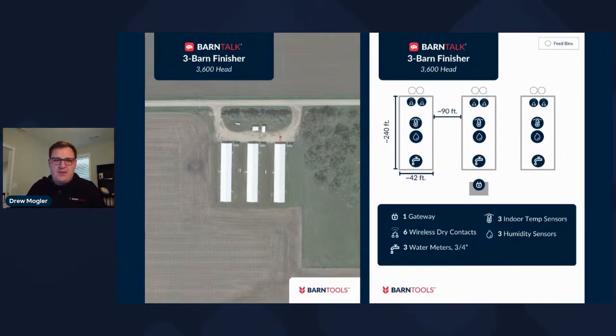So that's something to keep in mind. Anytime you have a site with multiple buildings, make sure you get those antennas outside. And we provide some mounting brackets to get those antennas mounted on the outside of buildings, so that way you can get good line of sight for that.